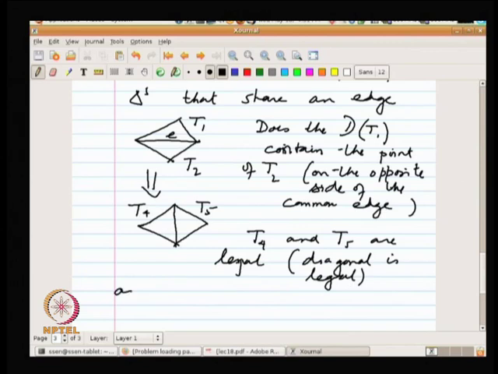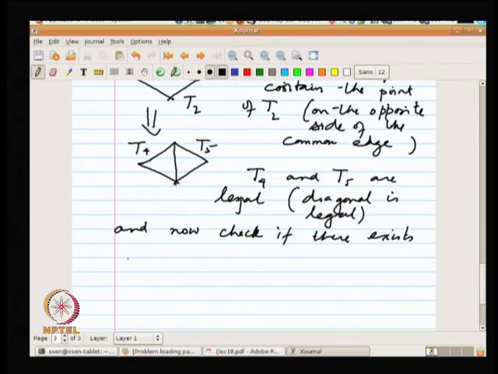Okay. And now we check if there exists another pair of triangles that are not legal.